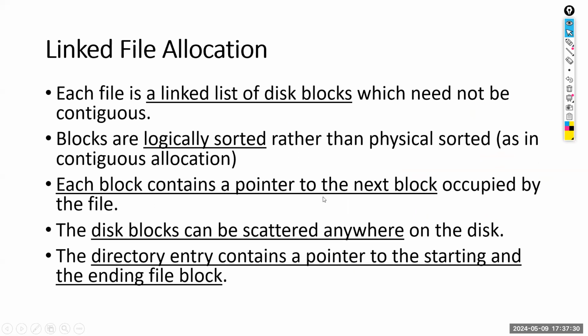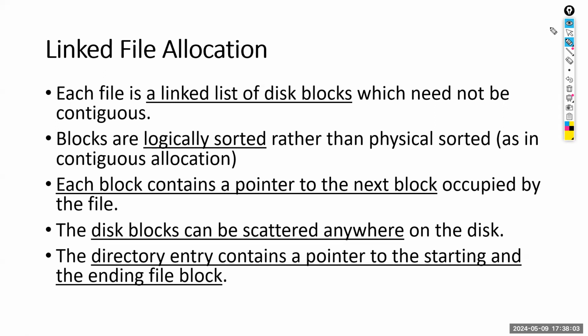Right. So the second file allocation technique is link file allocation. In link file allocation, we are not very serious about allocating contiguous blocks for a particular file. Rather, we allocate a particular block and then another block may be somewhere else, but we create a link between this block and the new block.